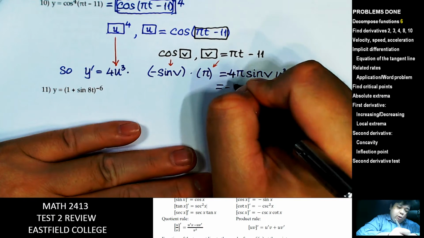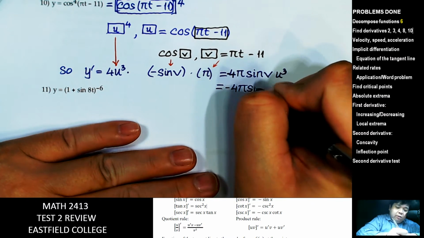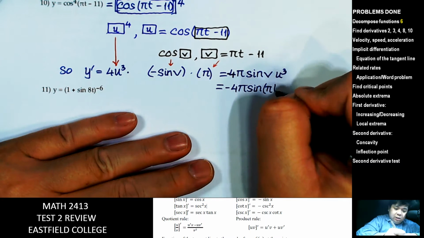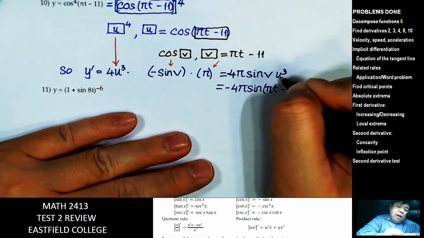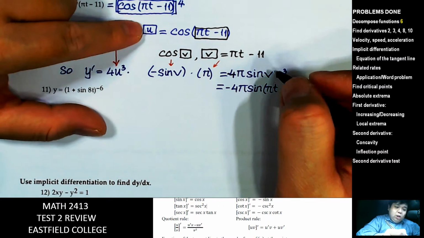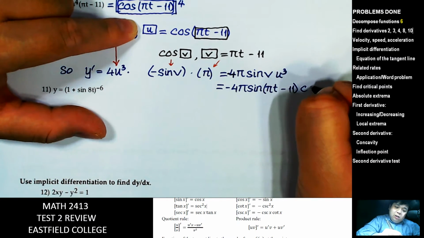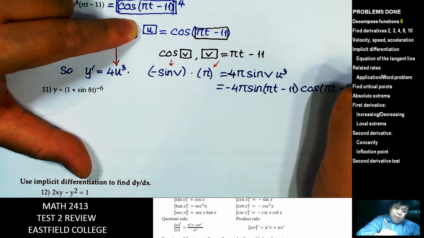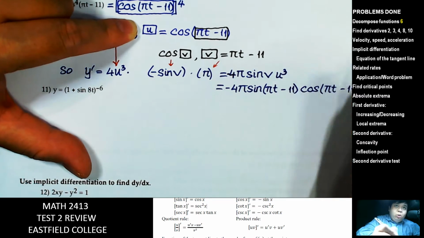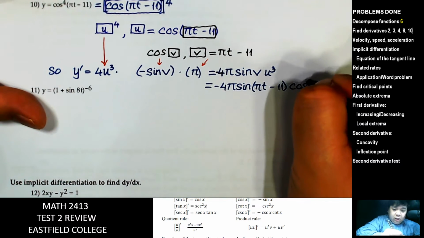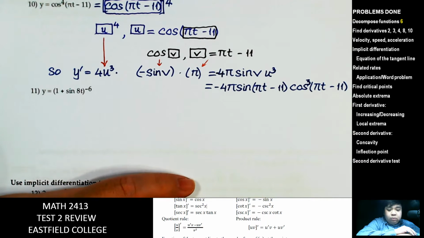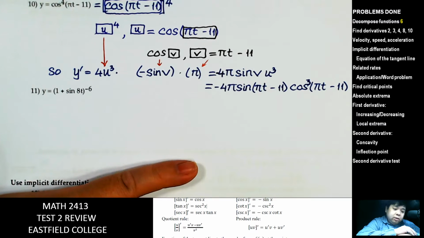So we have negative 4 pi sine of v is pi t minus 11, and then u cube. We can write that as a cube, or we put a cube here. Right. So that is that.